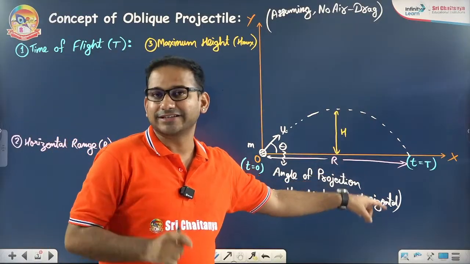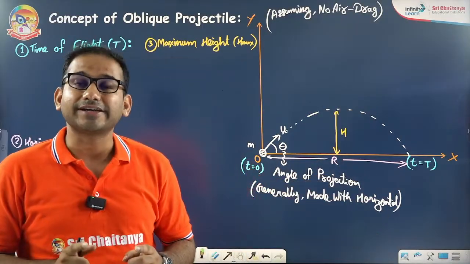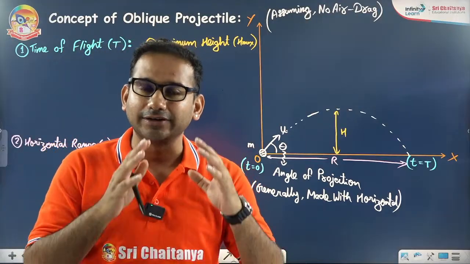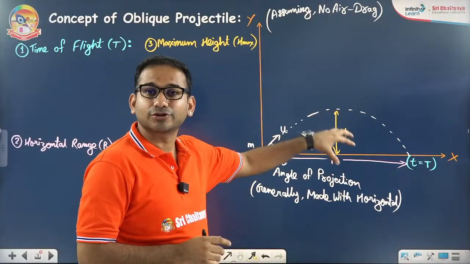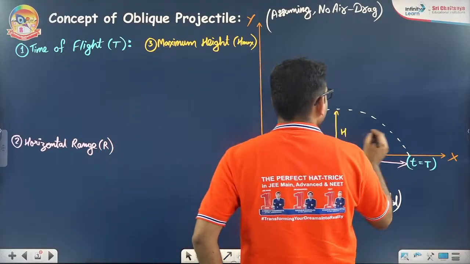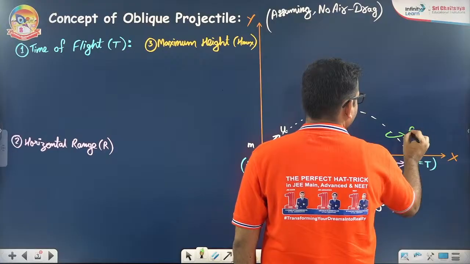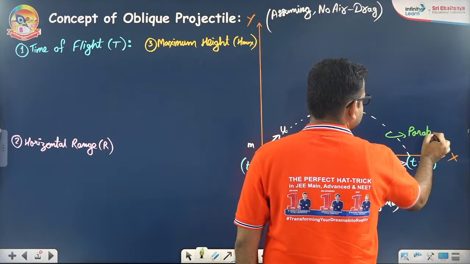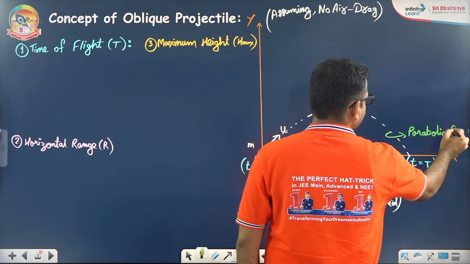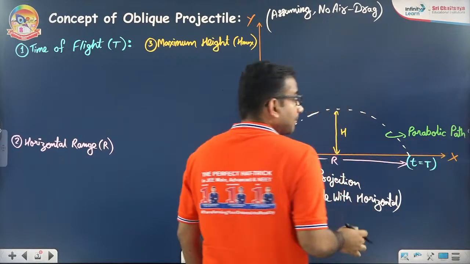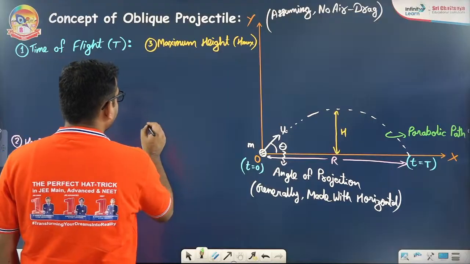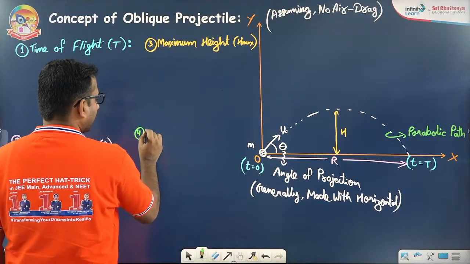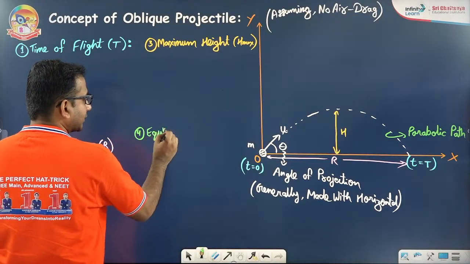The equation of trajectory will tell you exactly what shape it is. It is going to come as a parabolic shape, a downward parabola. You comment that it is parabolic on the basis of the equation of trajectory.